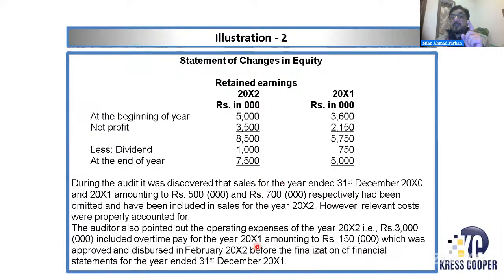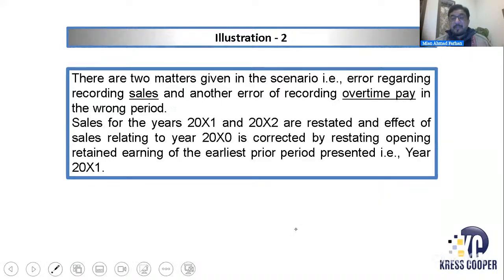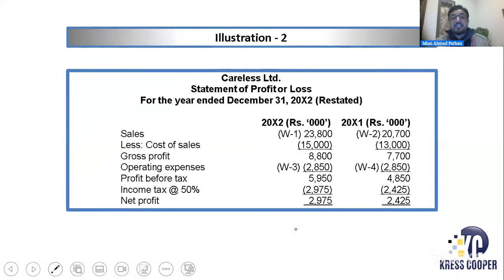So based on the accrual basis, it should have been recognized in X1 as an expense, whereas it has been included in the expenses of X2. So again, here we will be reducing the expenses of X2. So we'll be reducing the sales revenue of X2 by 1.2 million and expenses of X2 by 150,000. Net impact, we'll see how it will change the figures.